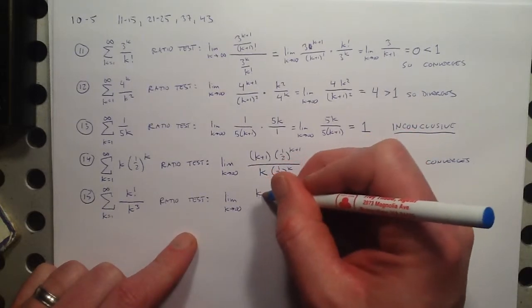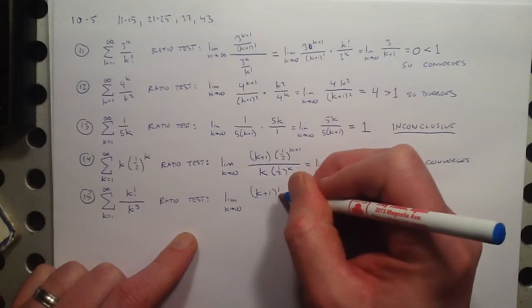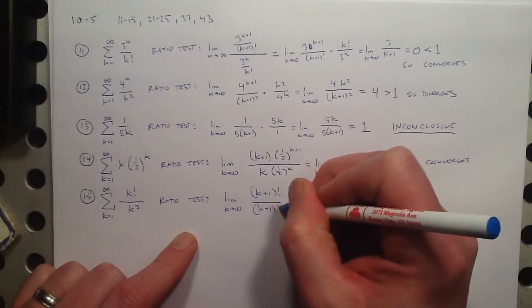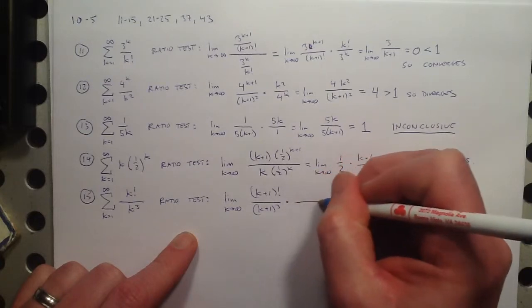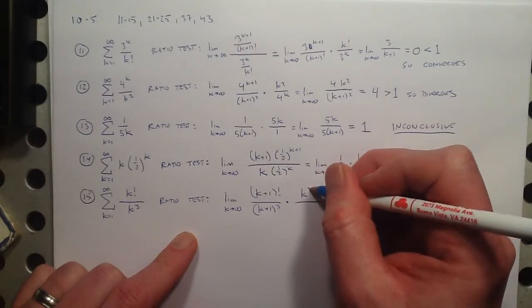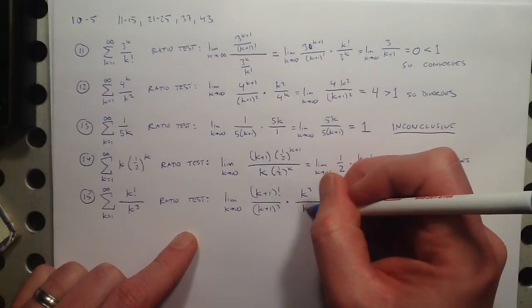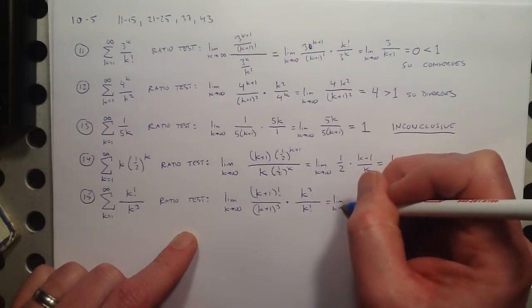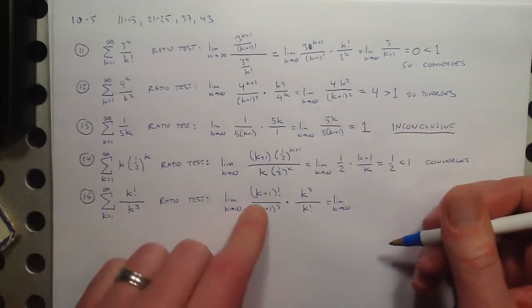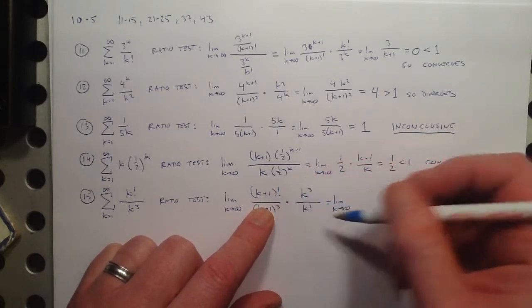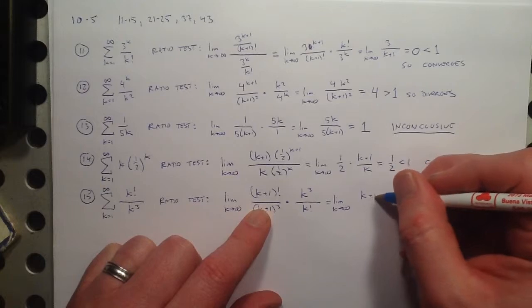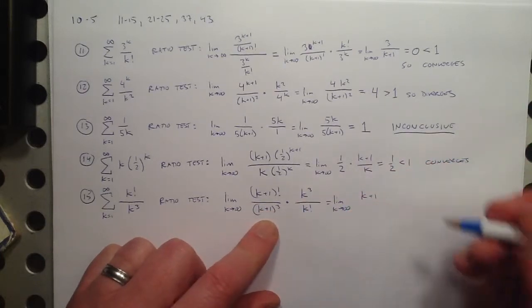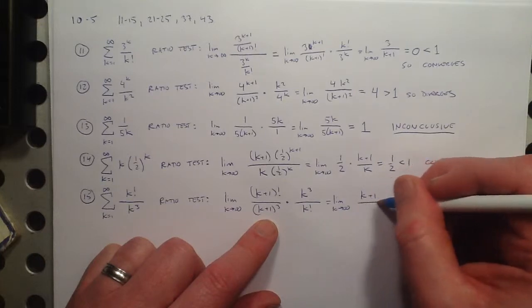So the k plus 1 term divided by the k term, which is the same as multiplying by the reciprocal. So canceling out the factorials, I have a k plus 1 on the top, and canceling these out, well, I can't really cancel those out, can I?